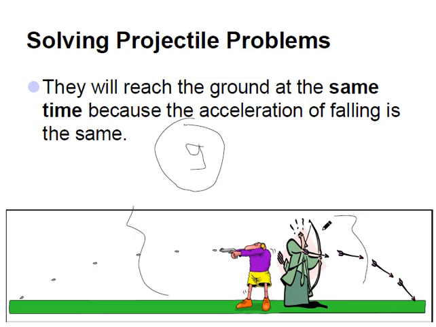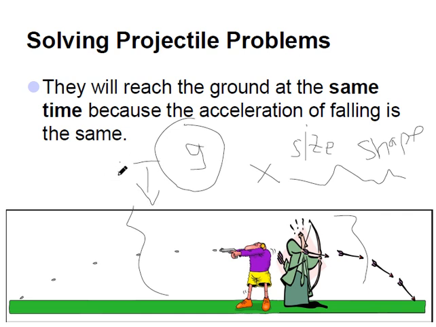Why? Because your size and shape affect the velocity only if you have air resistance. Now we neglect the air resistance, so therefore your bullet and your arrow are going to go straight down at the same rate.